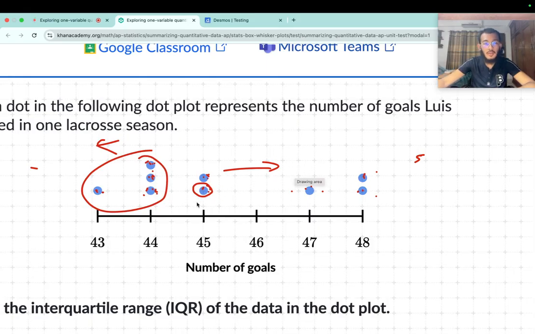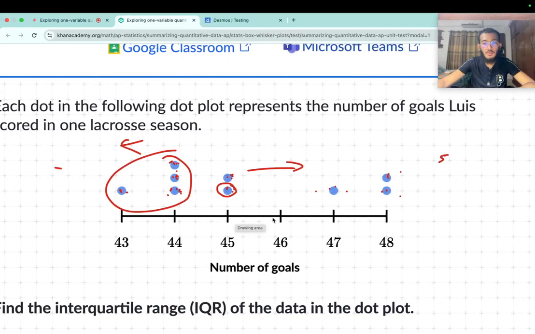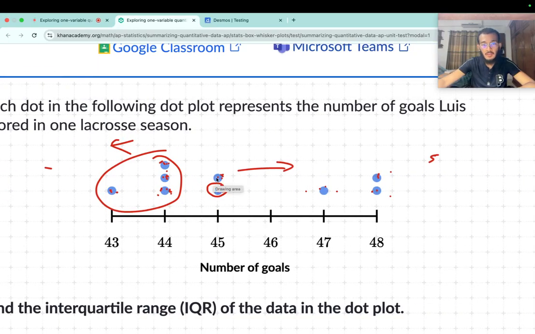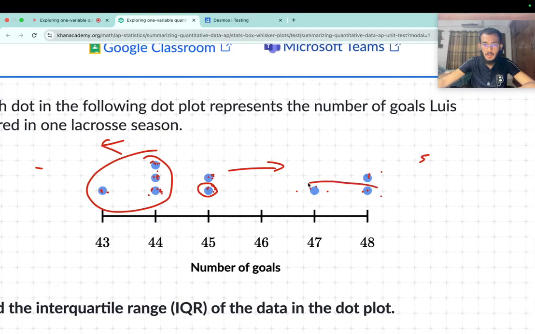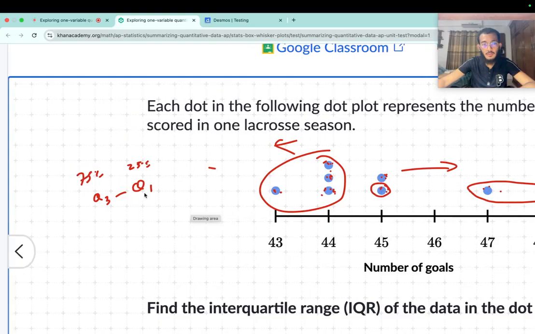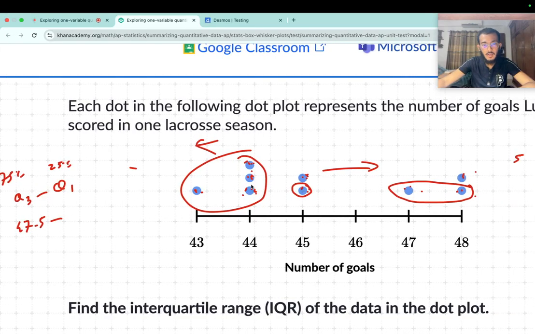So now the Q3 would be the median of the upper half again. So 1, 2, 3, 4, which means the median is the average of 47 and 48, so 47.5, minus the median of the lower half.